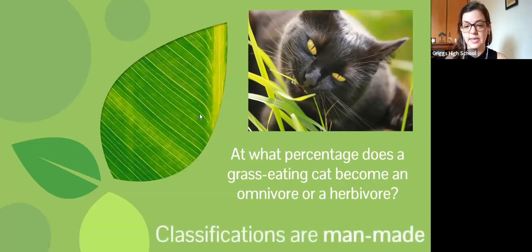Because the thing is exactly that. The classifications are man-made. So it's not that animals are brought into nature and they are classified into this or that. We created this to organize things, and we separated the animals based on similarities and differences.